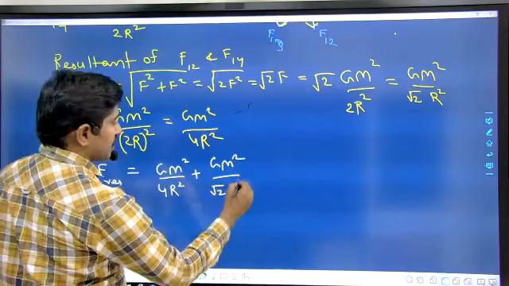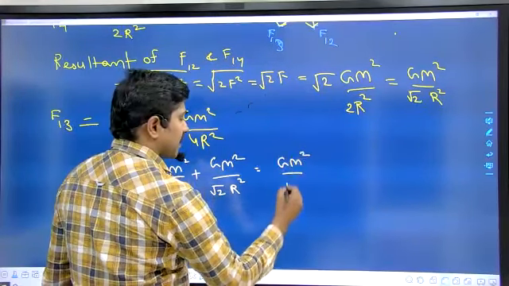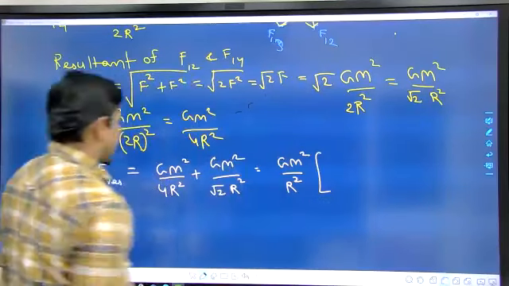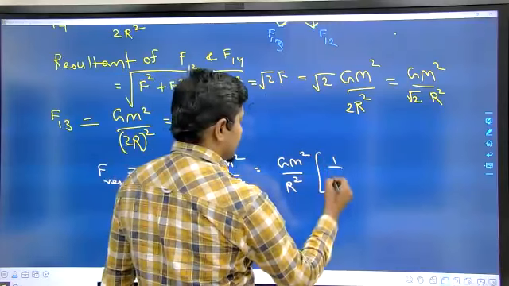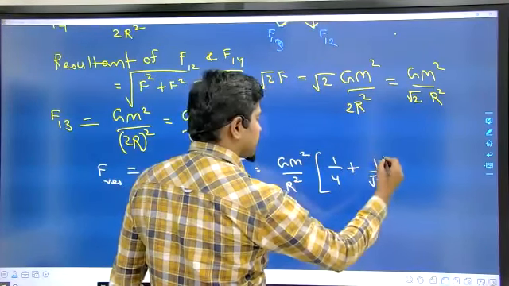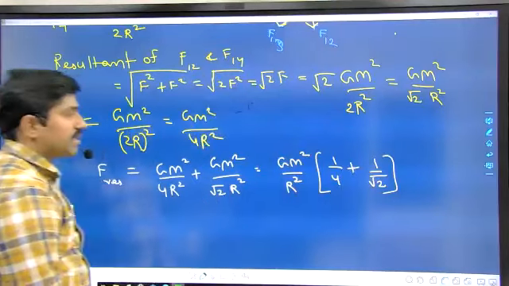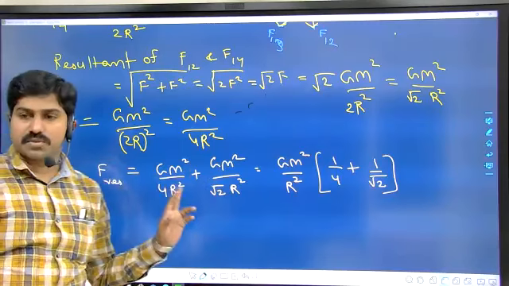And this is equal to, of course, G M square by r square can be taken common here. What is the remaining equation? 1 by 4 plus 1 by root 2.